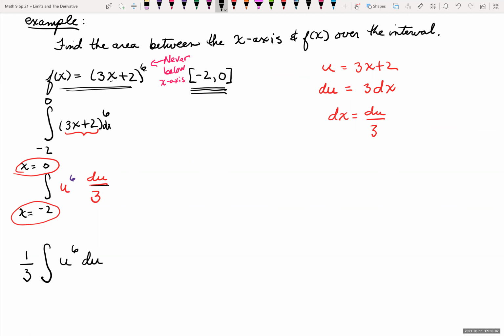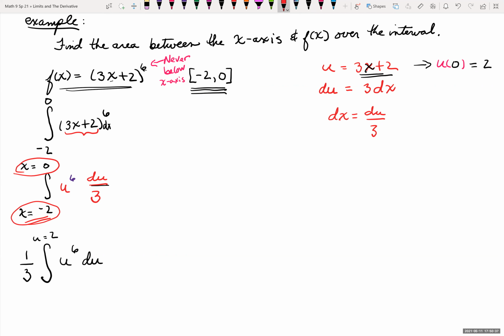Let's go back in here and figure out what u is at the bounds. Well, the easier one: plugging in 0 wherever I see an x, I get 3 times 0 is 0 plus 2 is 2. So when x is 0, u is 2. Now let's look at when x is -2.